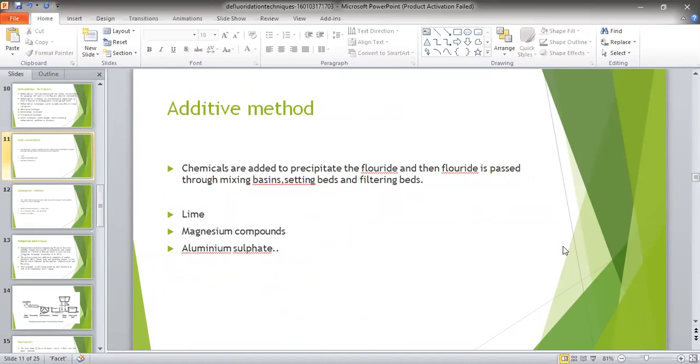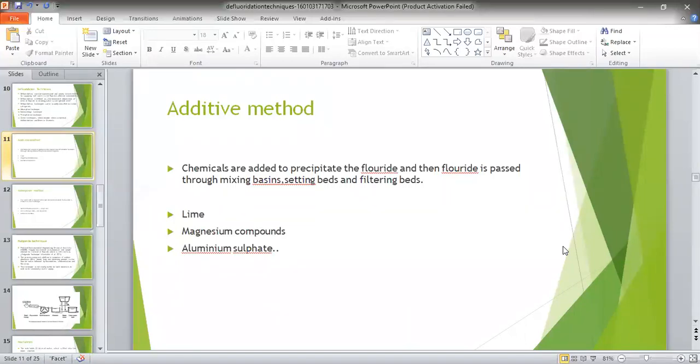First is additive method. In additive method, chemicals are added to precipitate the fluoride, and the fluoride is passed through mixing basins, settling beds, and filtering beds. First of all, we will mix the chemicals to the water that is having excessive fluoride.